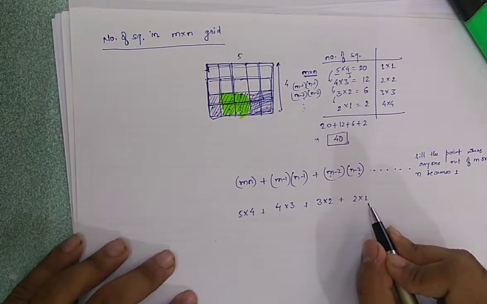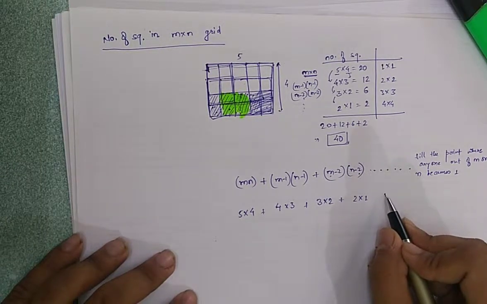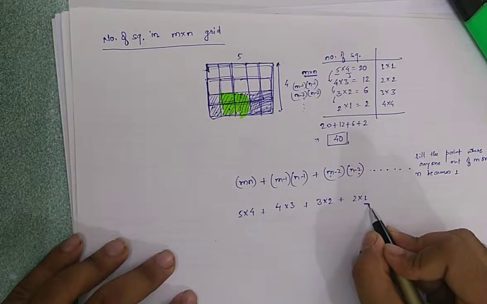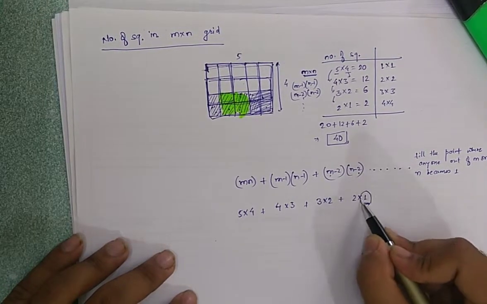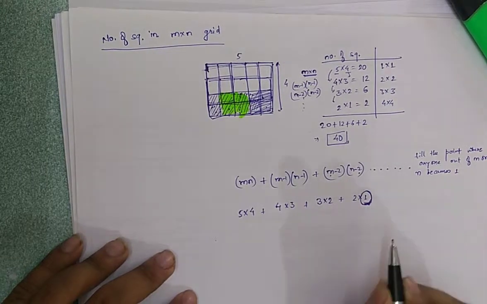So now any one out of them becomes 1. This is the point where we have to stop.